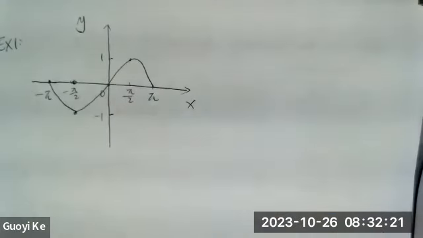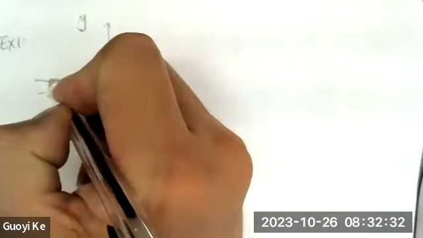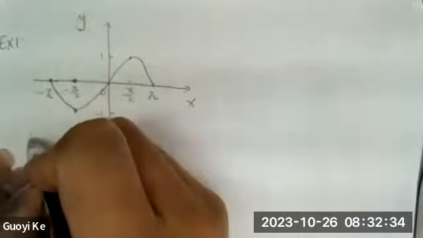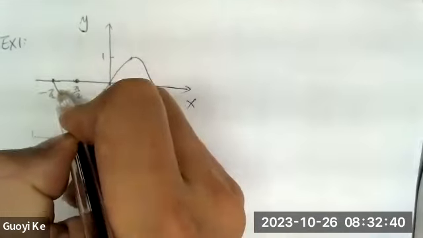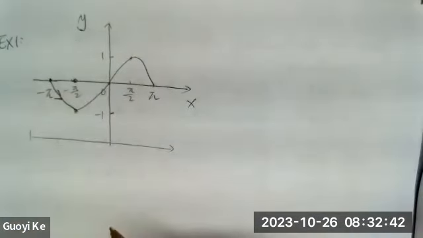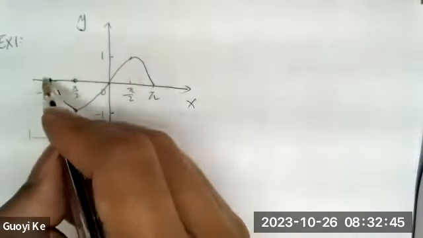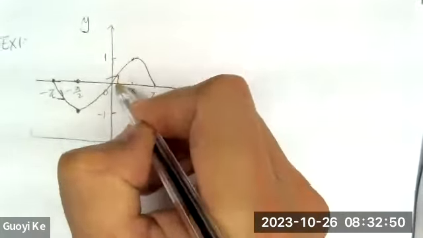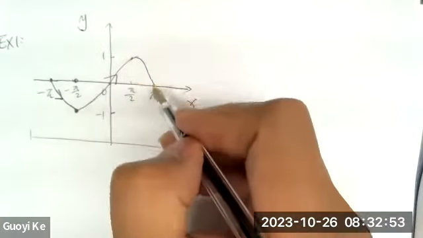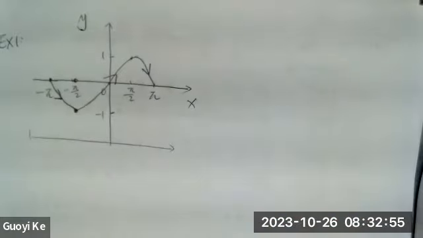Find out whether the curve is increasing, decreasing, or constant. Now let's take a look at this example. As we can see, from here to here, from left to right, is decreasing. We use the down arrow to represent decreasing. And from here to here, the curve is increasing. And from here to here, the curve is decreasing.